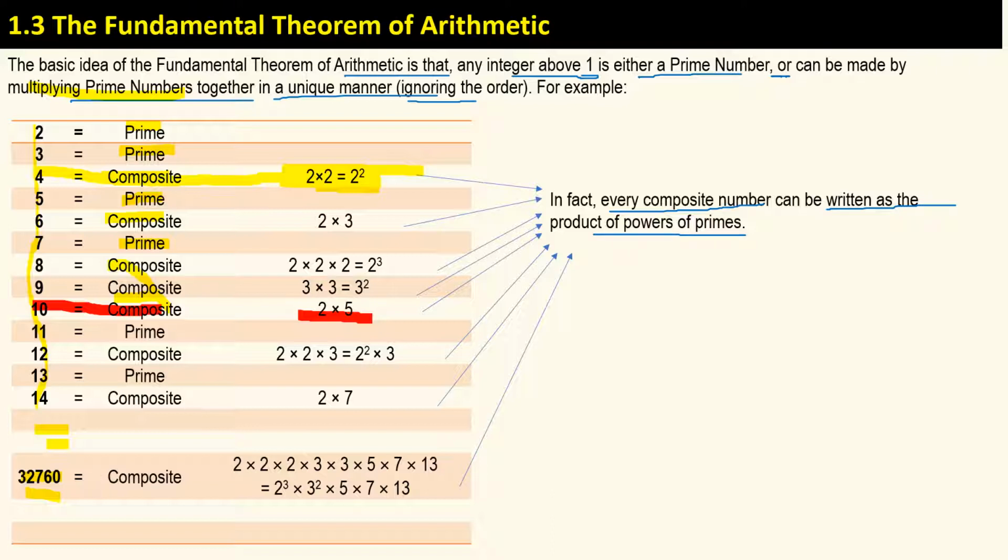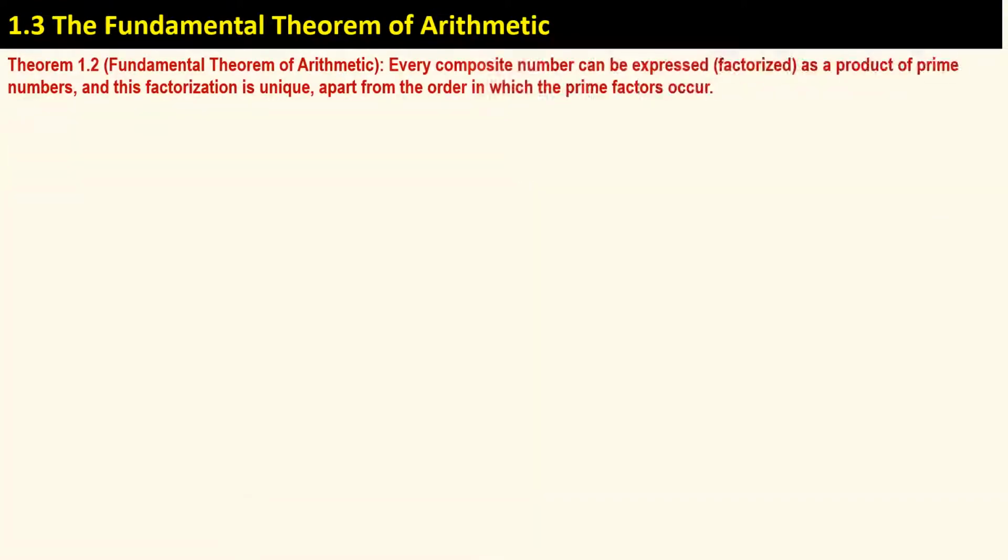Another example is 12, which can be written as 2 raised to power 2 multiplied by 3. So any composite number can be formed by multiplication of prime numbers, and those prime numbers are unique for that given composite number.